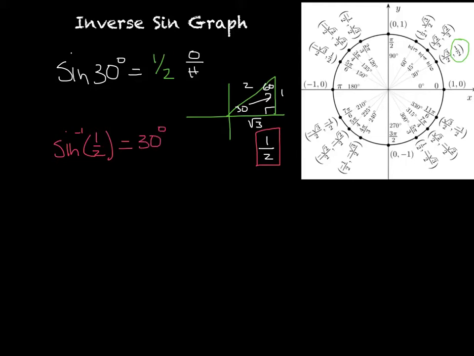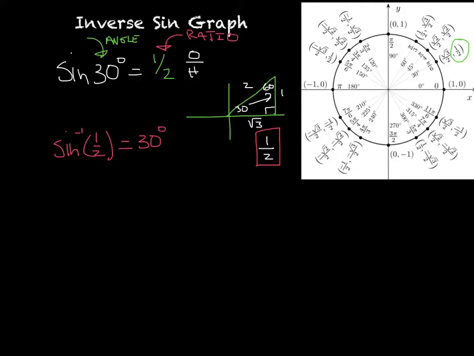So in this first example, let's say your input is an angle and your output, or what you get back, is a ratio of sides, 1/2.